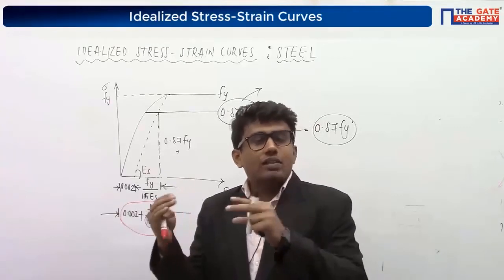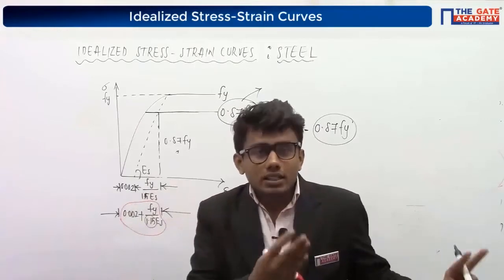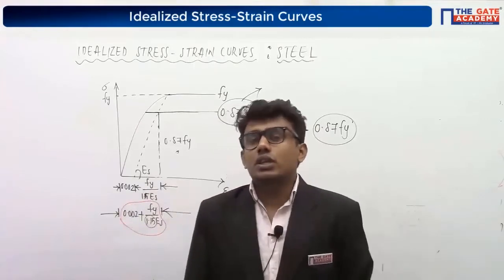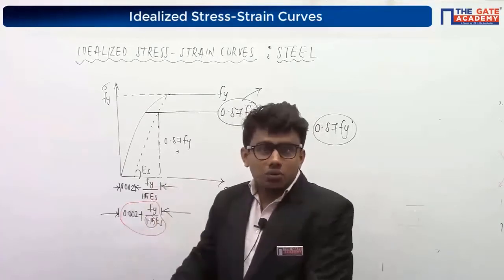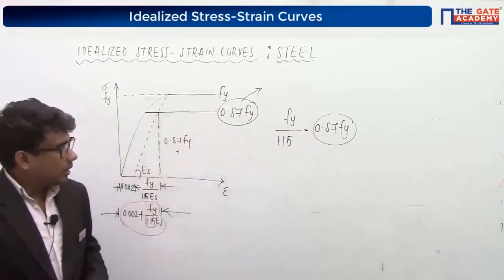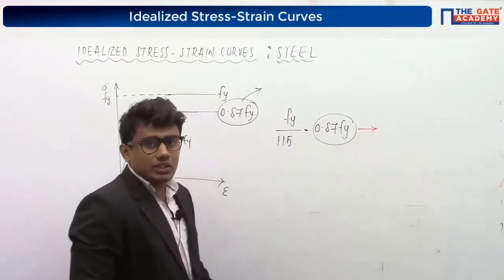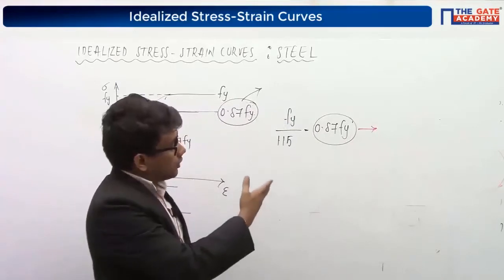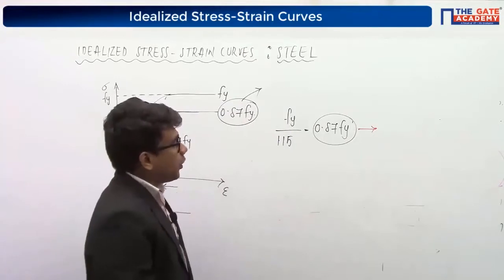Okay, so if they are giving a different partial safety factor, then the design strength will be something else. It will not be 0.45 fck, it will not be 0.87 fy. This is as per our IS 456 2000. Okay, please note it down. Nothing else is there, just remember the strain value. This is the design strength of the steel as per our limit state method, that is 0.87 fy.